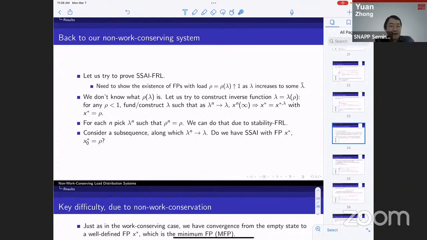Okay. I also have a clarification question. Sure. Also, you start with this empty state, x equals the empty set. But x is the fraction of servers with work greater or equal to w, right?